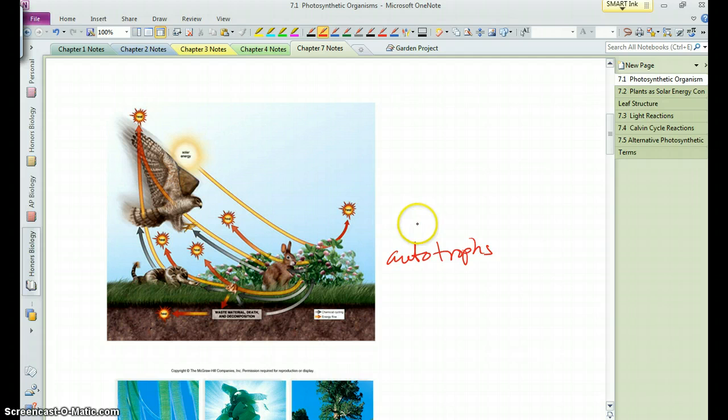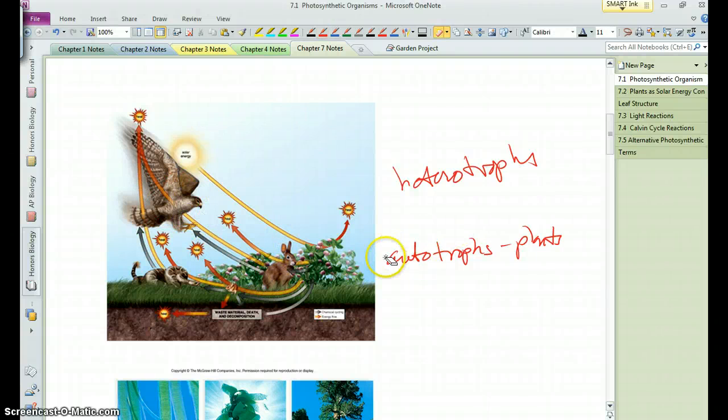They provide the food in the form of chemical energy to all the animals and other things up the food chain. These things known as heterotrophs. So the autotrophs are basically the plants, the photosynthetic organisms, and the herbivores eat the plants, and then the carnivores eat the herbivores, and energy is able to move on up the food chain, starting again with the plants.